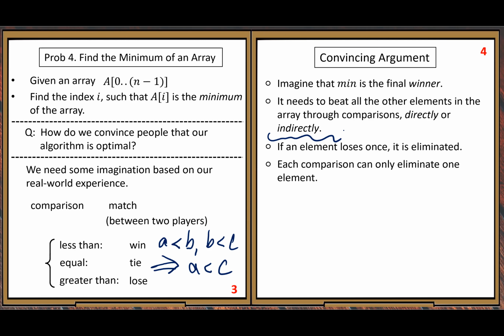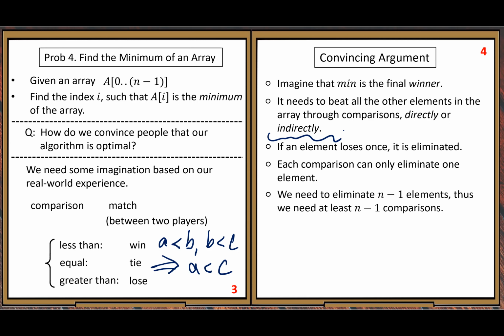You cannot, right? Between A and B, one beats the other, and the loser gets eliminated automatically. But only one loser gets eliminated. So each comparison can only eliminate one element.